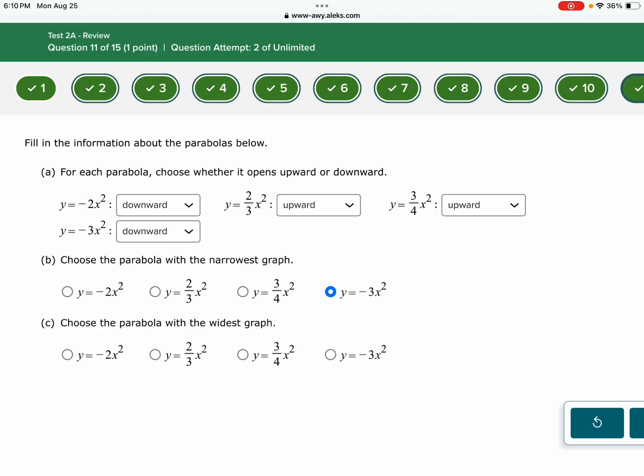And choose the graph with the widest graph. That's going to be either 2/3 or 3/4, depending on which one is smaller. 2/3 is 0.66 repeating, and 3/4 is 0.75. Whichever one has a smaller coefficient is going to give the widest graph. So I'm going to go with that.